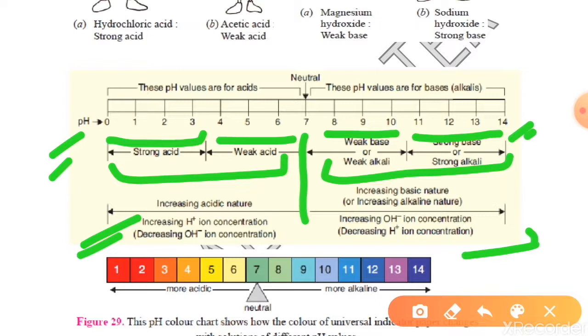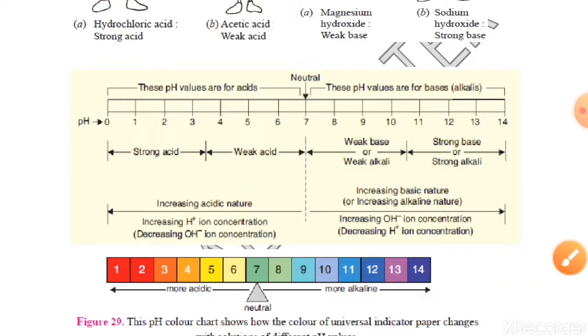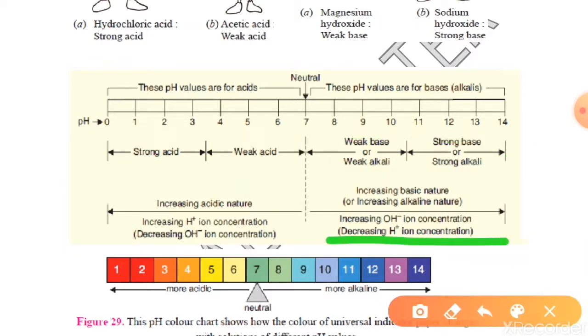Even bases have H positive ions but very few, because the pH scale measures H positive ion concentration. So in the direction of bases, the H positive ion concentration is decreasing and the OH negative ion concentration is increasing. Depending on this, you get a higher pH value. Now you must have understood it.